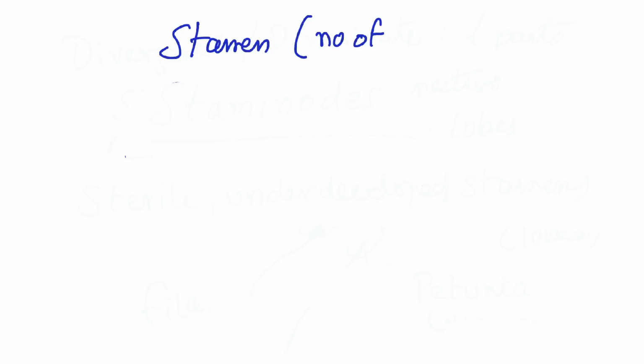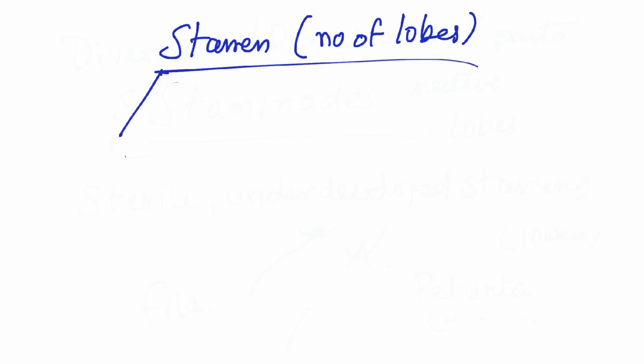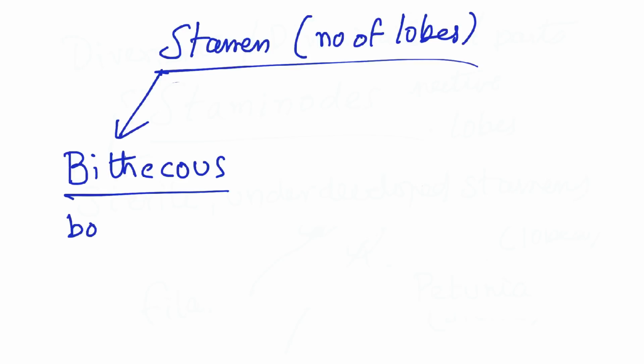Now we are looking at different kinds of stamens on the basis of particular features. First, we are looking at the division of stamens on the basis of the number of lobes. Beginning with Bithecous, which basically means two lobes, so the standard two anther lobes are present.